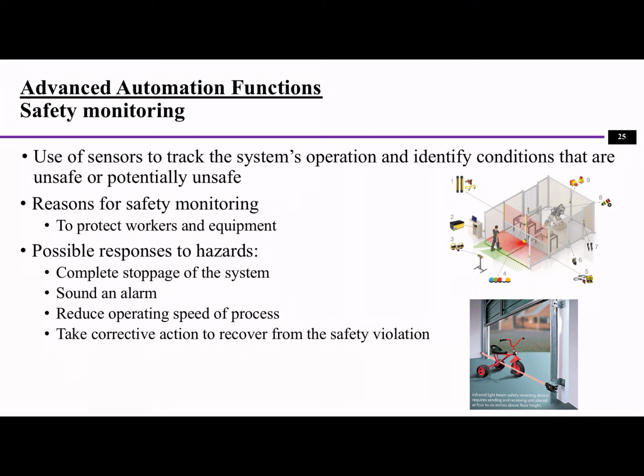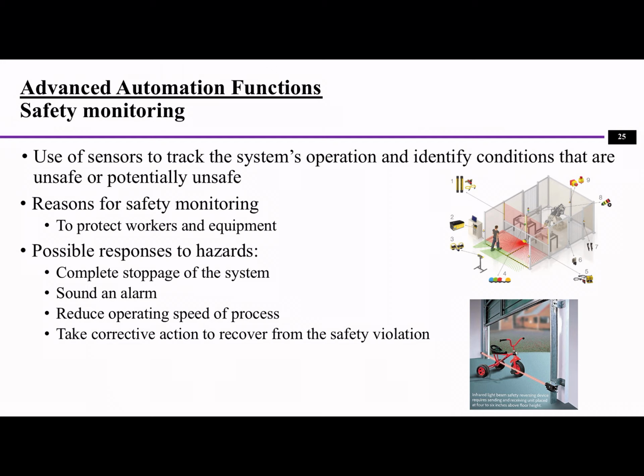And when we are talking about safety, it's not only about human safety but also equipment safety, right? Like I explained before, with a cutting machine or the CNC machine, if the tool goes too far, it's going to damage the machine itself.